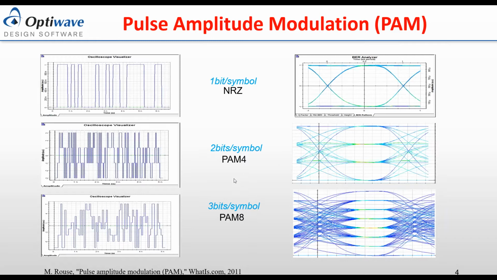At the bottom, we could also transmit 3 bits per symbol. That will require PAM8, 8 levels, since 2 to the power 3 is 8. And if we wanted 4 bits per symbol, we would require 16 levels.